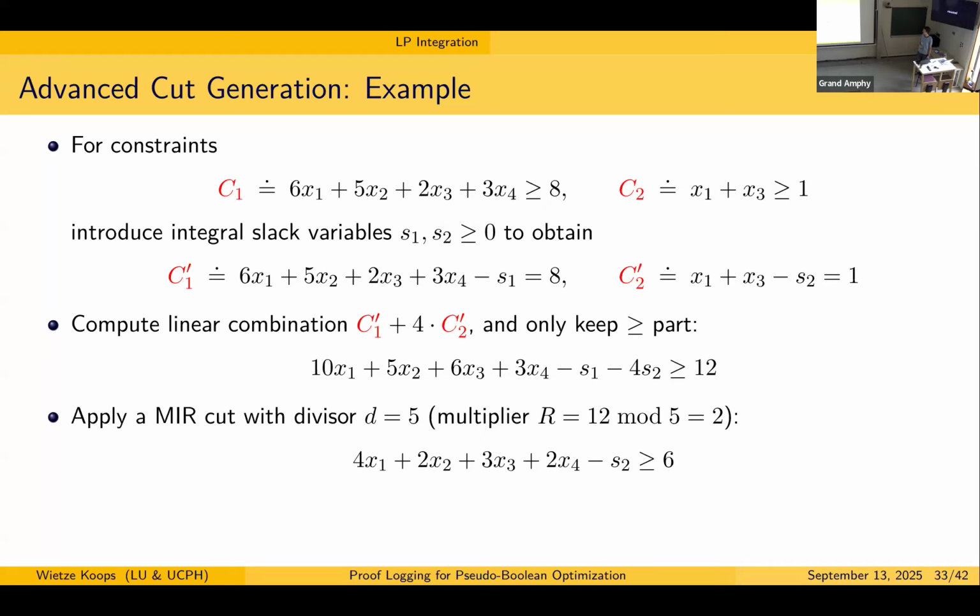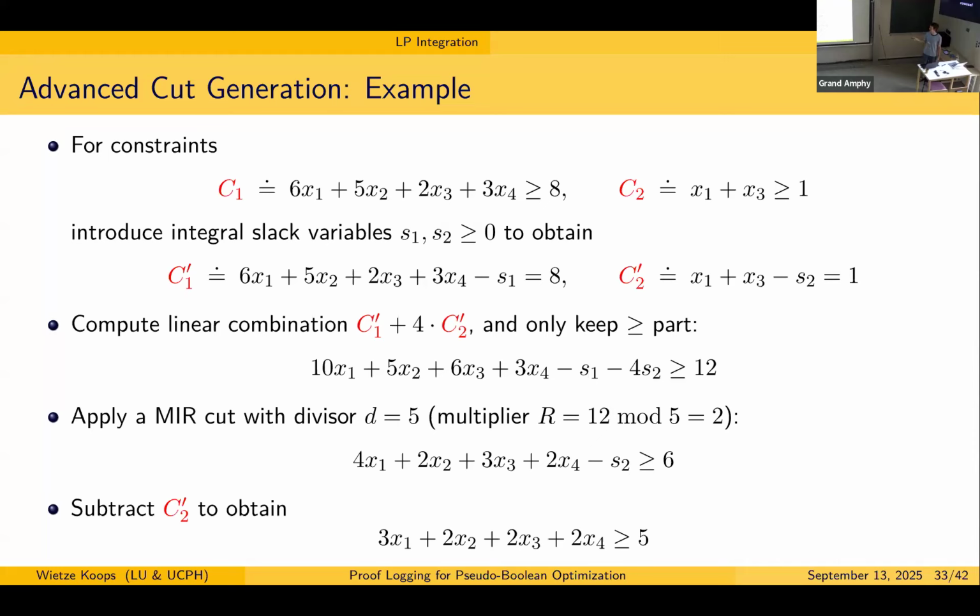Then I'm going to apply a MIR cut. And interestingly, the MIR cut is still sound if you have integer valued variables. So we apply the MIR cut, and now we still have this minus S2, and that allows us to recombine this constraint with C2 prime, which is going to subtract that constraint, because it's an equality that's allowed, and then I get a constraint again over my original variables. And this is a MIR cut.